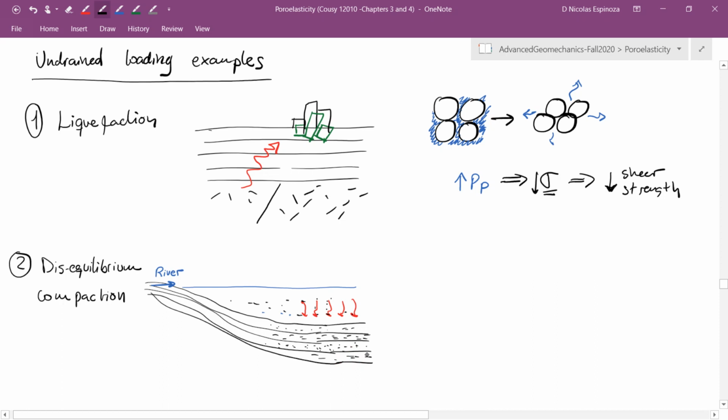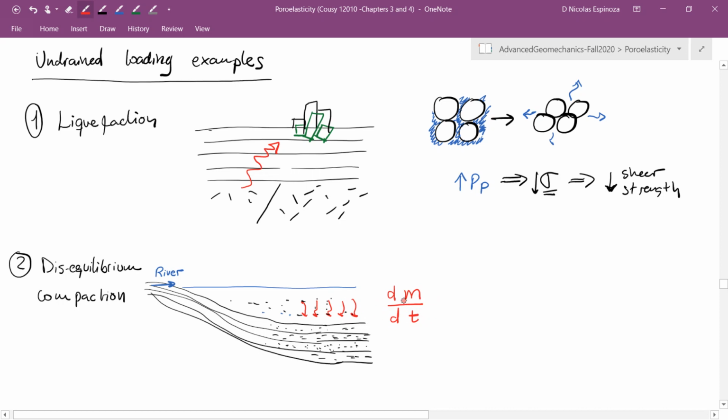Okay, here we're going to have two competing actions. One is going to be the rate of sedimentation. And let's use this m as a function of time, where m is the amount of sediments being deposited.